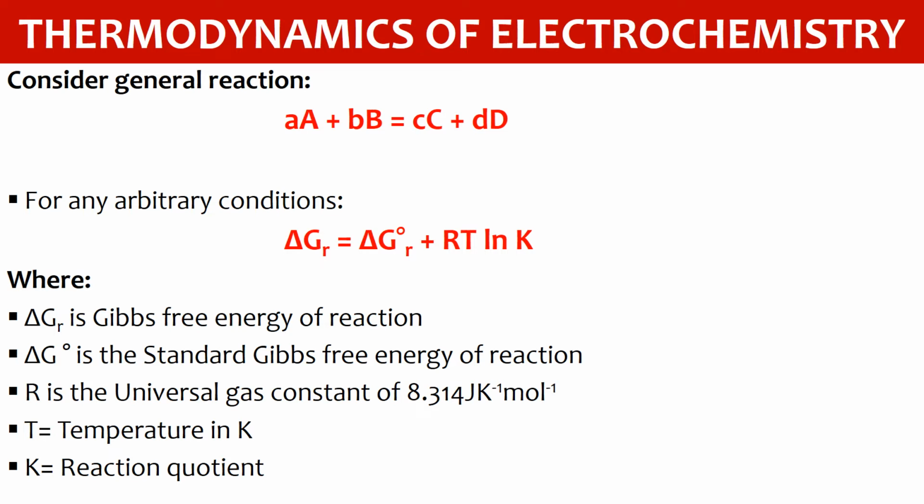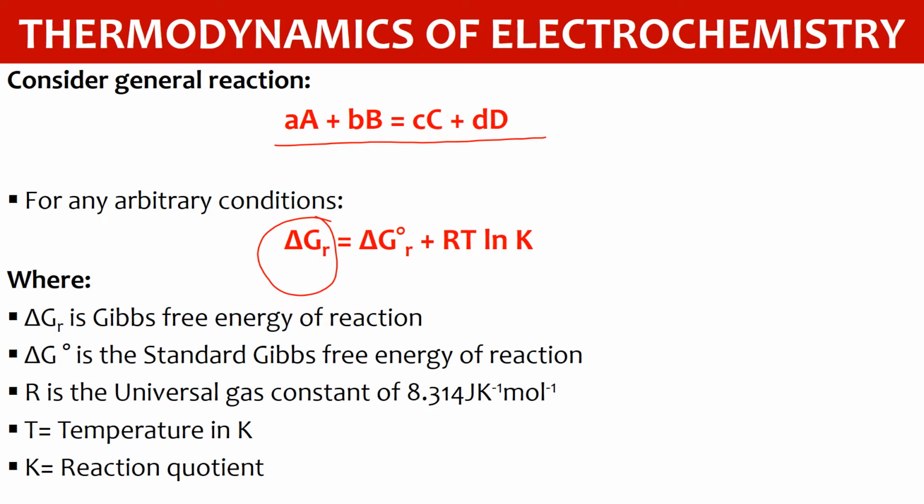Let's consider a reaction as shown here. Okay, your A, B, C, D with molar coefficients in small letters. So for any arbitrary conditions, this is the formula that gives you the change in Gibbs free energy of a reaction. Okay, so what is delta GR?